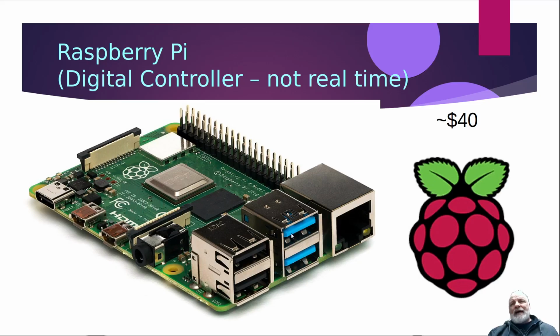You can plug a mouse into it. It's got HDMI. This is a Raspberry Pi 4 here. It has 2 HDMIs, so you can actually run 2 monitors off of this. You can have a keyboard and a mouse, and you can do a lot of different things with it very easily, but it's not real time.